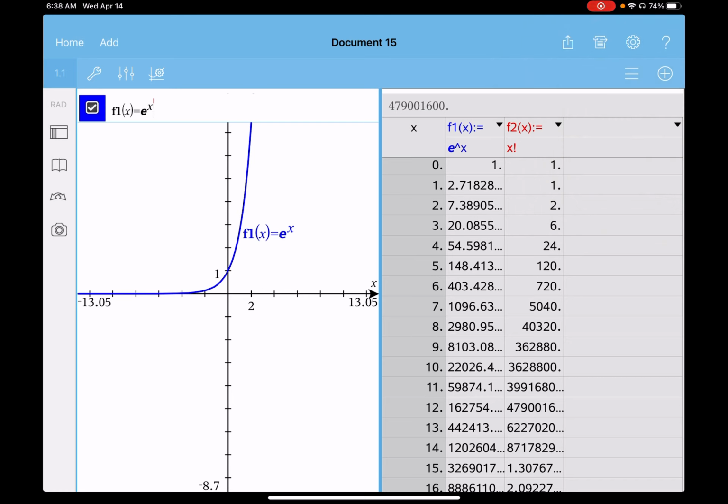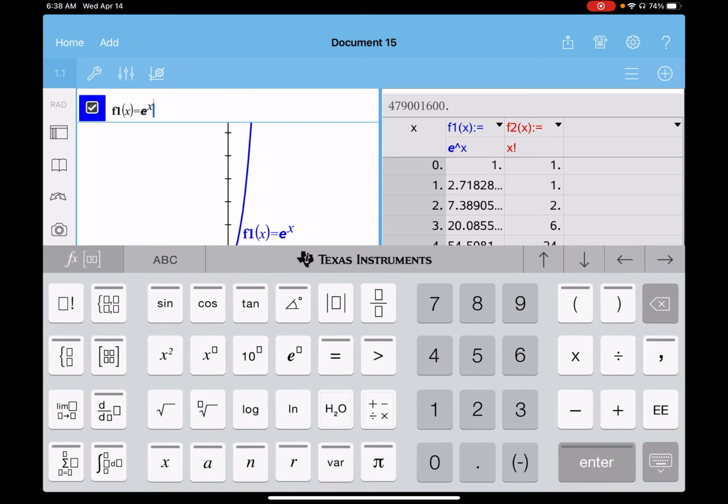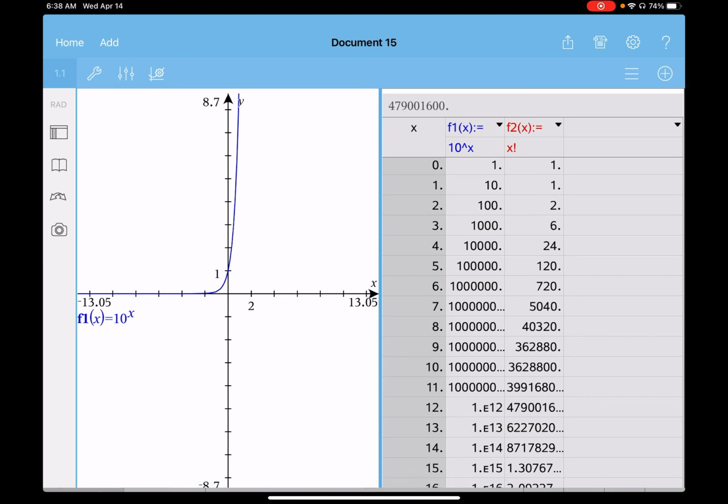Okay, I had to remember to delete out the whole thing. Oh, there was a 10 to the box right there. I could have just used that, but I didn't. All right, so enter. Look at this 10 to the x. Wow, that's bigger, right? The sixth one, it's way bigger.